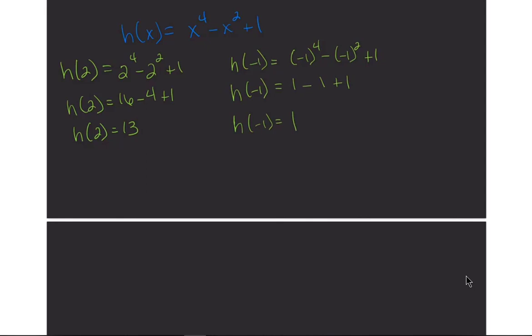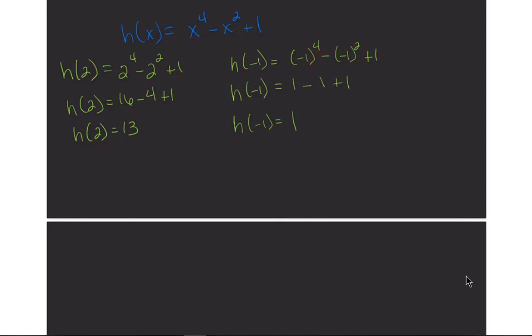Did you guys all get 1? Yeah. So we just got to make sure that when we're looking at exponents of negative numbers, you're not taking the 4th power of 1, you're taking the 4th power of negative 1.